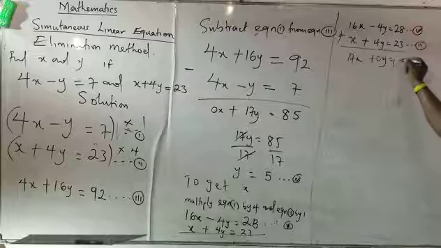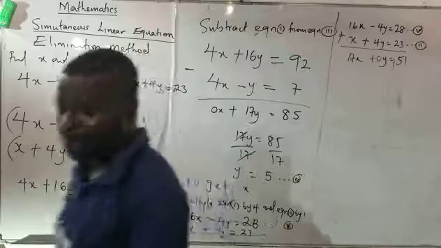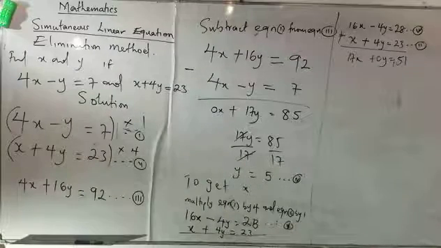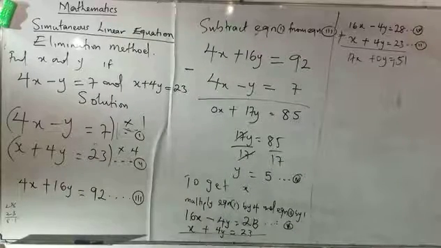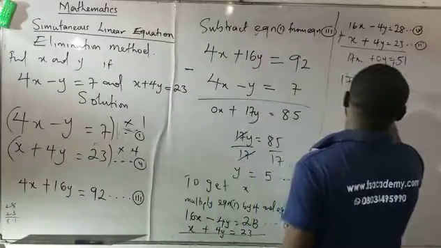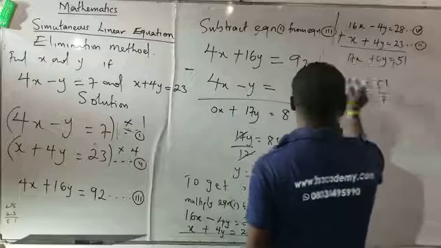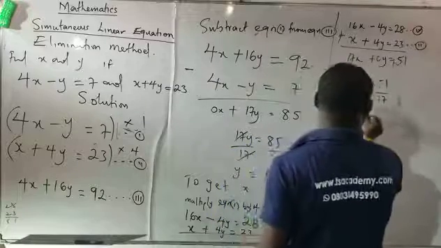Is it 51? Yes, 51. Now I will have 17x equals 51. Divide both sides by 17. This will cancel. My x will be equal to 3.